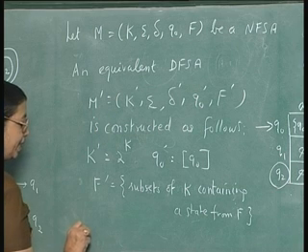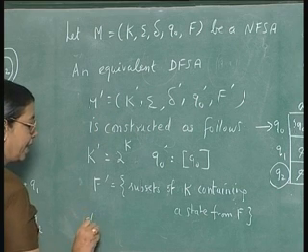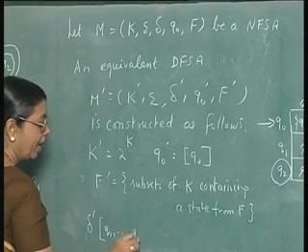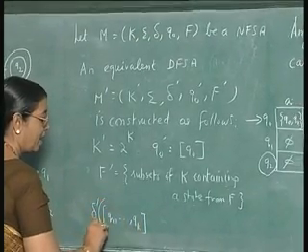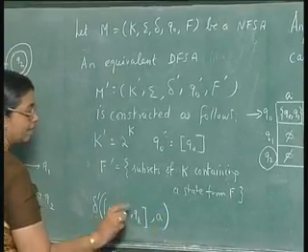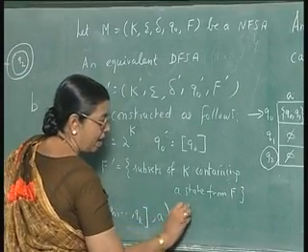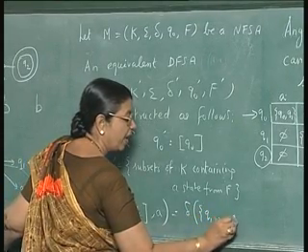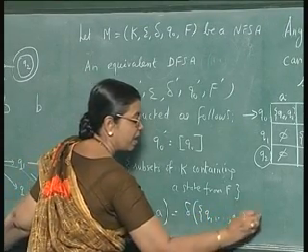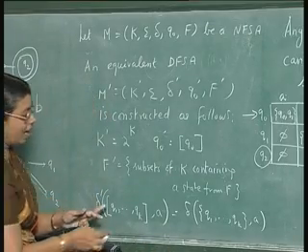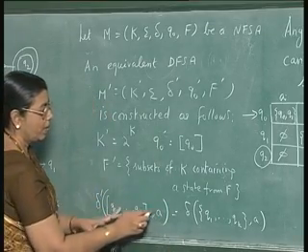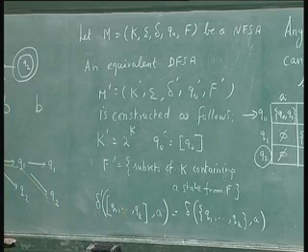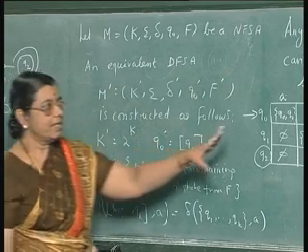Delta dash is defined like this: delta dash of the subset q1 comma ... comma qk on a will be delta of q1 a, q2 a, q3 a, etc. You find the union, that is given like this. This is the way we have constructed it.